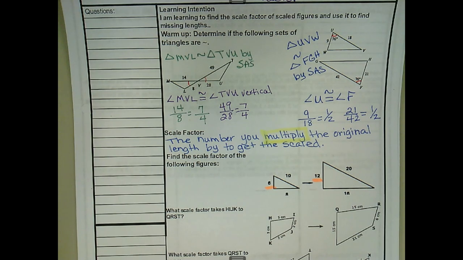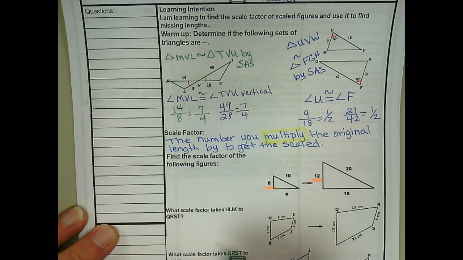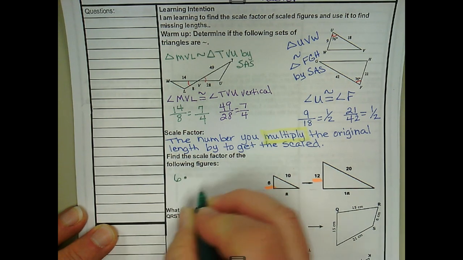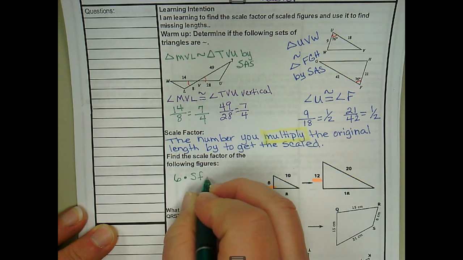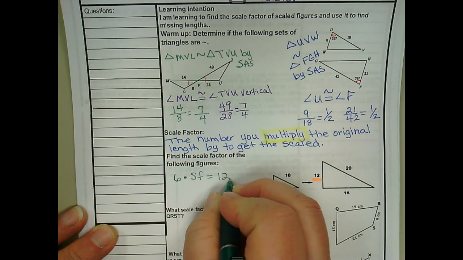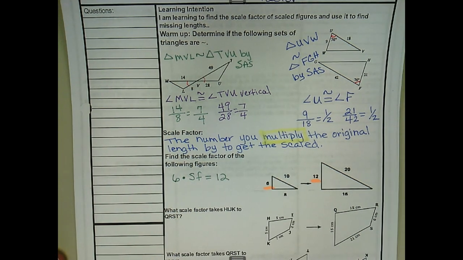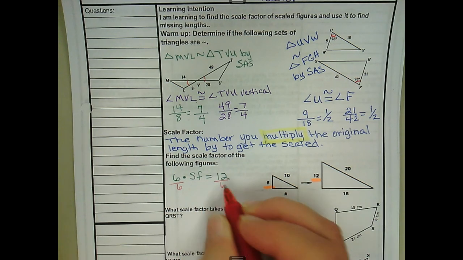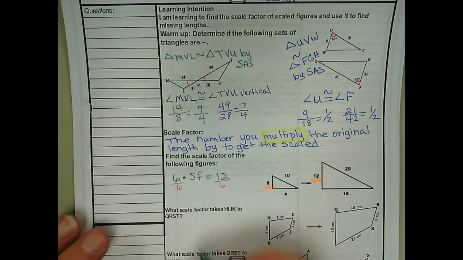So I'm going to use 6 and 12. Remember, we're multiplying. So the original 6 times the scale factor will give me 12. That's my scaled length. Divide both sides by 6. My scale factor is 2.